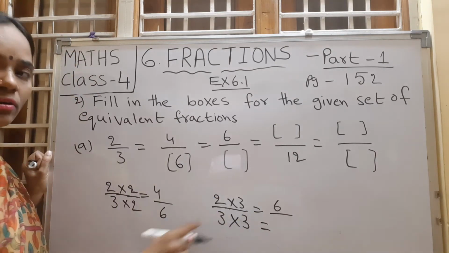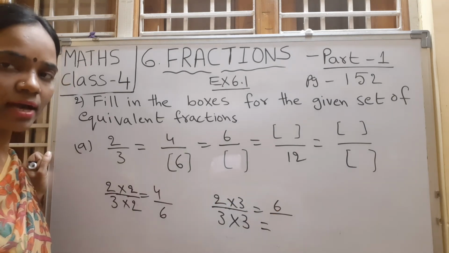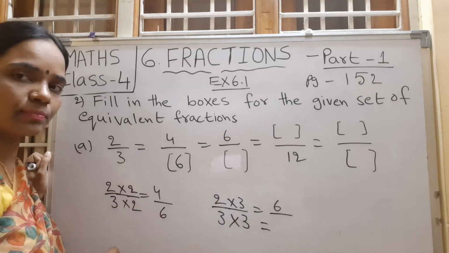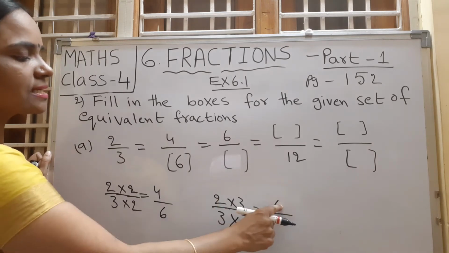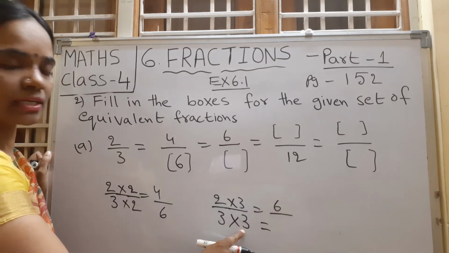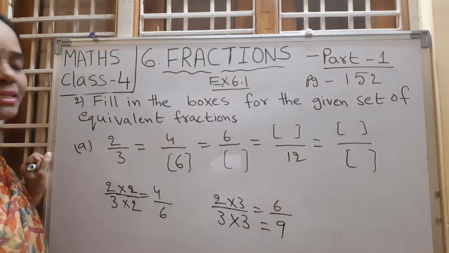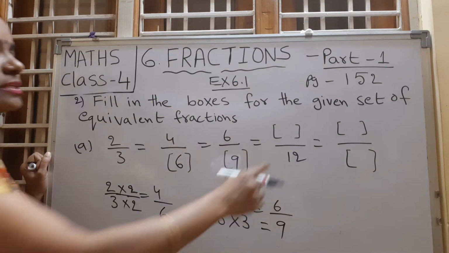Up and down we have to multiply with the same number, otherwise we will not get the same value. Don't take different numbers. 2 3s are 6, and down also multiply with 3 only. 3 3s are 9. So what is the missing number here? 9. Yes.